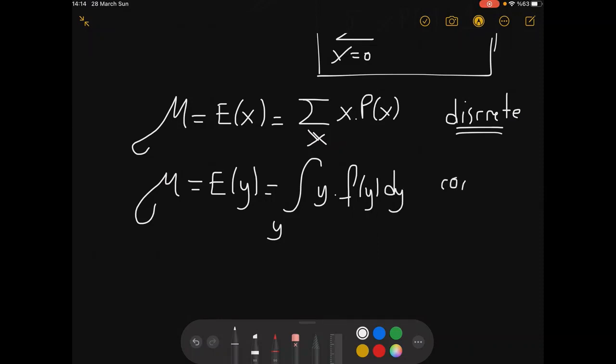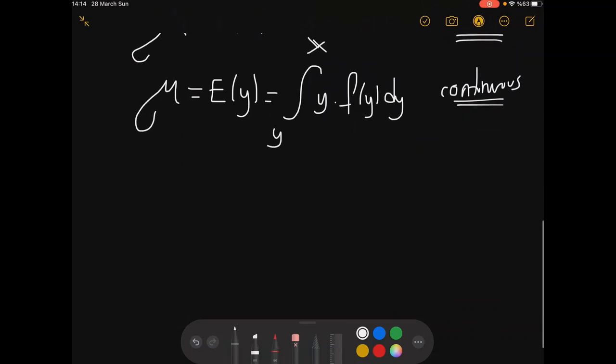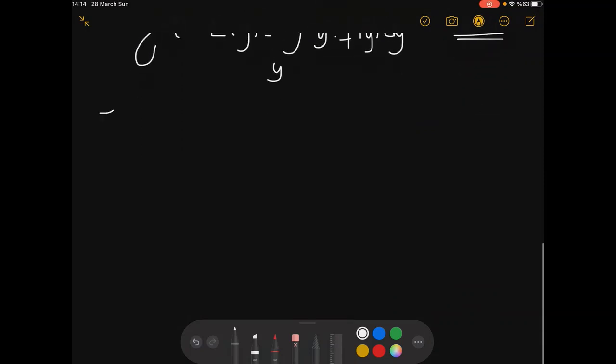No need to do this, but you should keep in mind that this is the case for continuous variables as well. We will talk about this a bit more in chapter 3, hopefully. So let's try to solve an example here so that maybe it would make more sense.